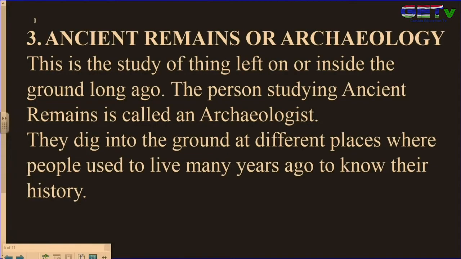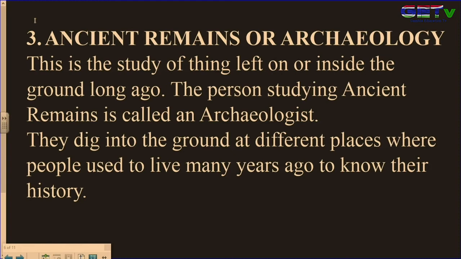Now, the third source of history is ancient remains. Ancient remains or archaeology. Ancient means old, and remains means left over. Now, this is the study of things left on or inside the ground long ago. This is also a source of history.